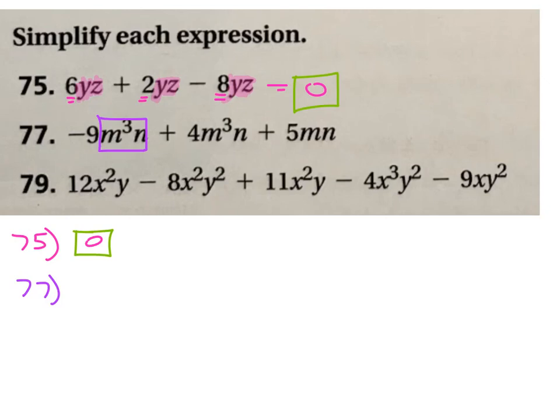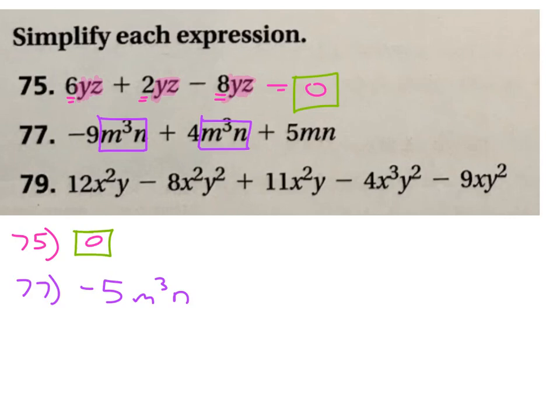And here we also have m cubed n. And so those are like terms, okay? M times m times m times n is going to give the same amount here as it does here. So we can combine them together, and what's -9 plus 4? That's -5. And so we have -5 of that m cubed n.